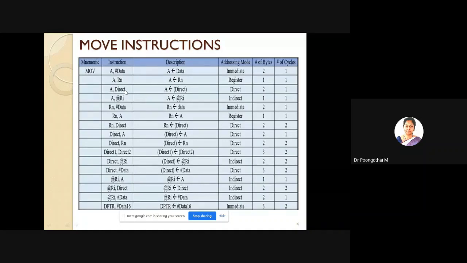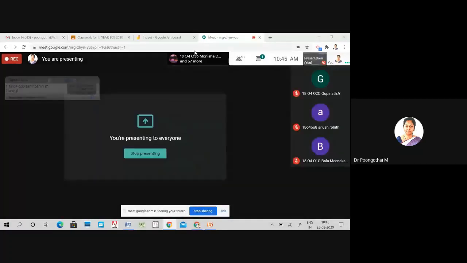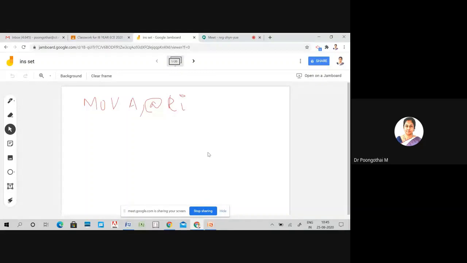For example, the instruction is MOV A, direct.